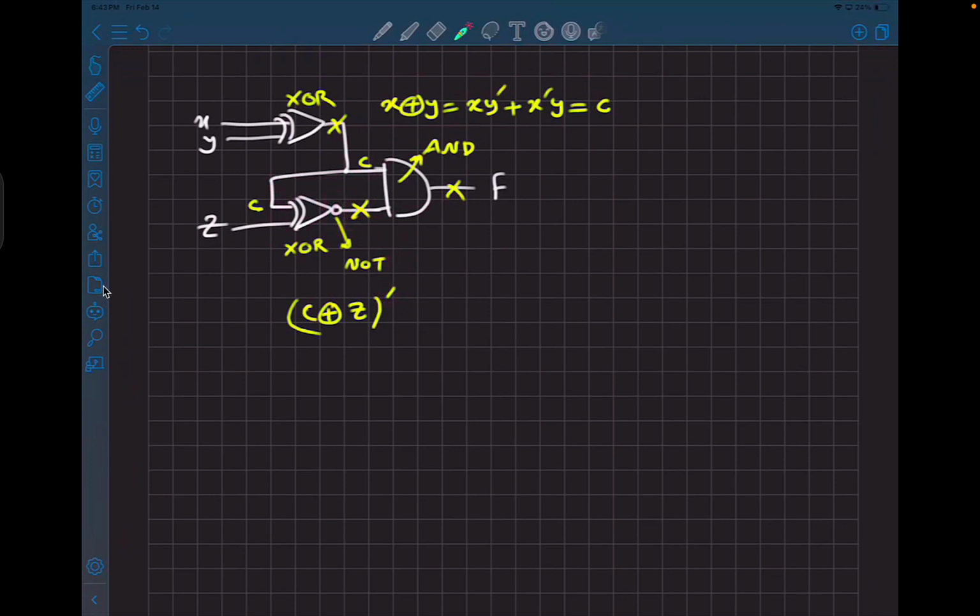We have prime of this value. From the equivalent we learned, there is an equivalent of XOR. If I have A and B and it's XOR of A and B, it equals to A prime B plus B prime A. So the same thing I can do here. So it equals to C prime Z plus CZ prime.